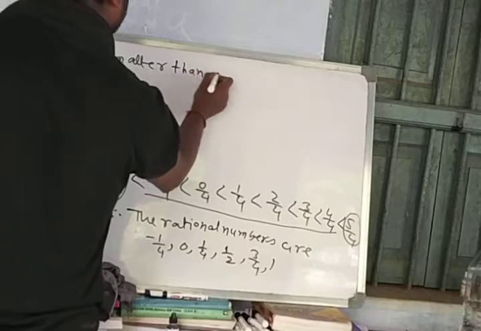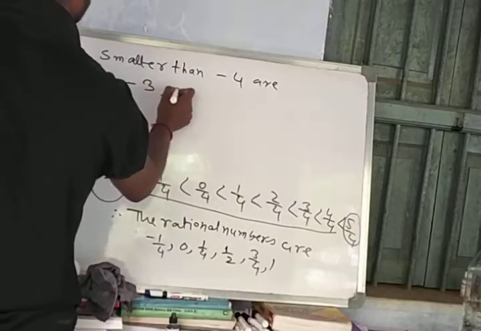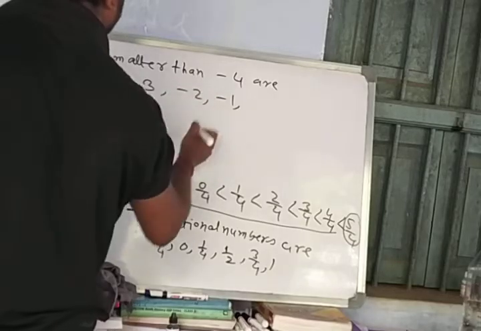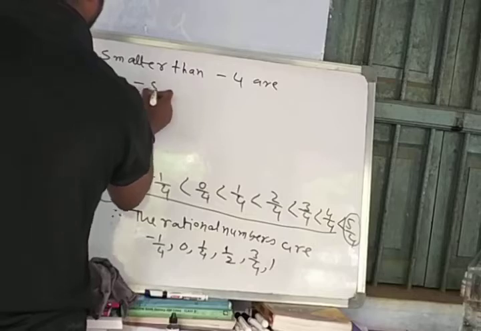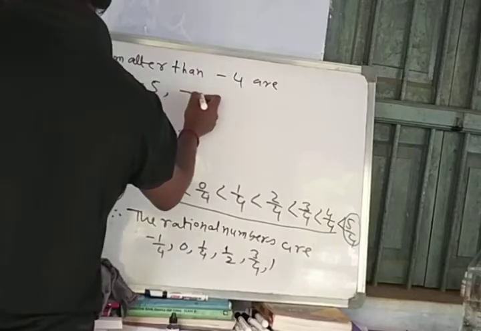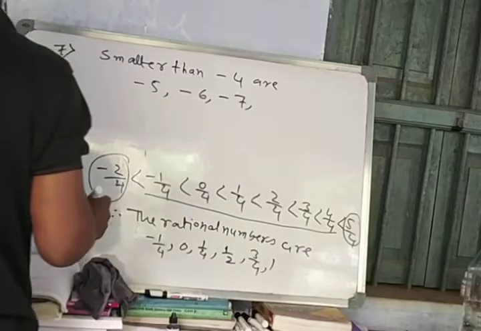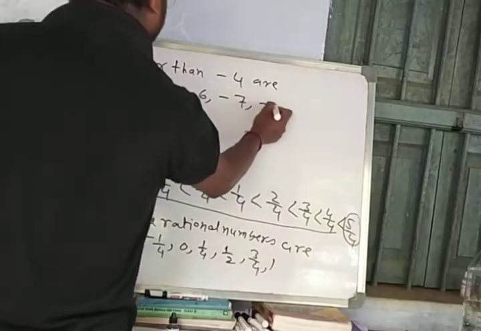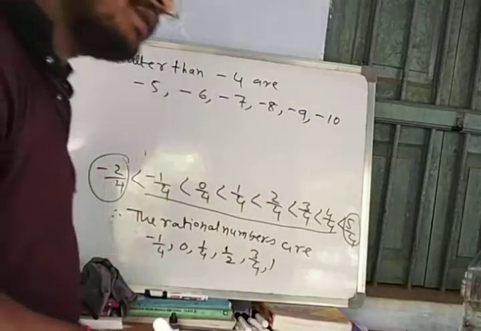You can write minus 5, minus 6, minus 7, minus 8, minus 9.